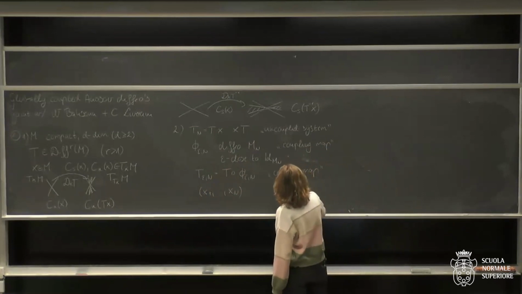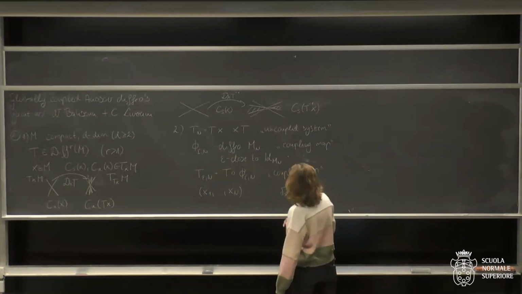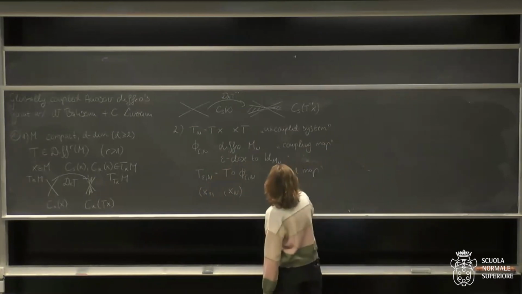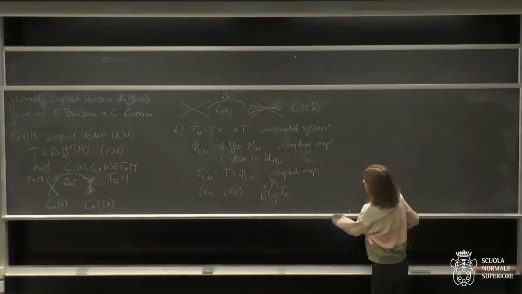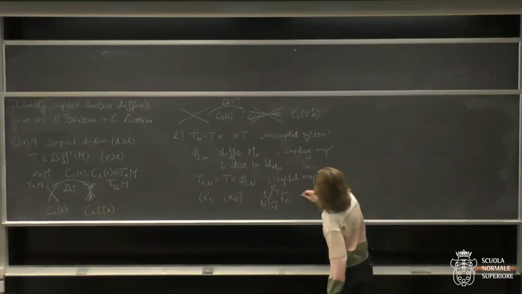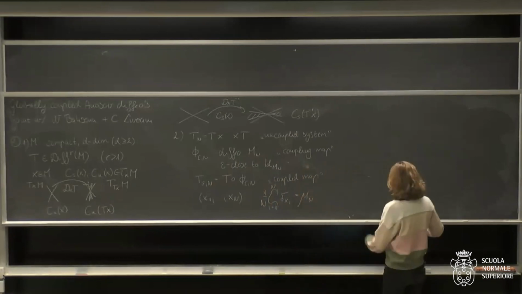I get this by putting a point mass on all the x_i's and computing an average. So this is what they call the empirical measure, and maybe I'm going to use the notation μ_N for this.